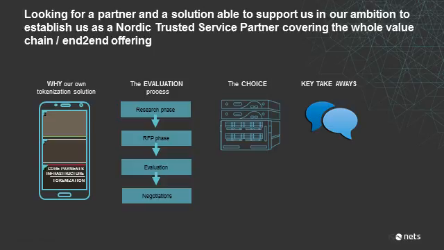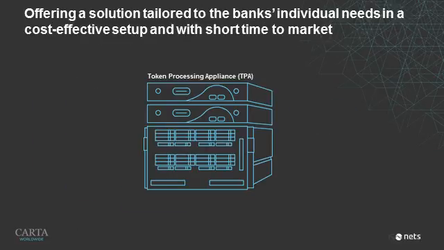And as part of that, we of course also wanted to have a token service provider being part of that ecosystem. So the evaluation process as we went through was completed by an internal team, and that was both business and technical resources. And we looked at the functional capabilities of different solutions in the market. I think we selected 5 providers.